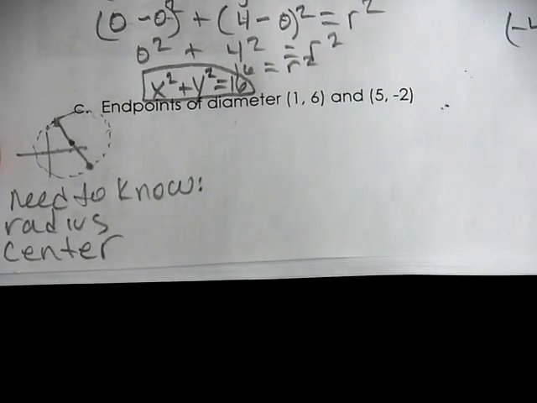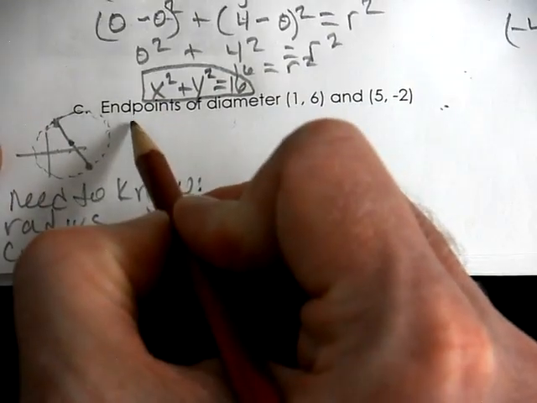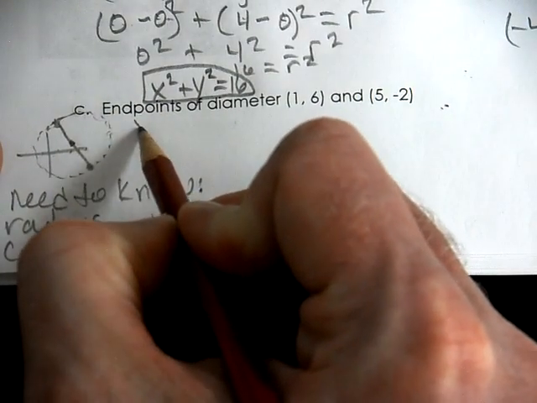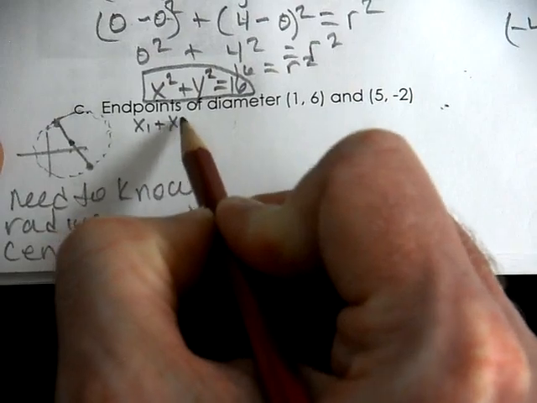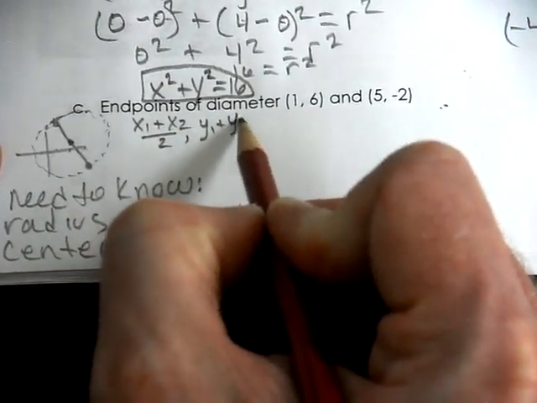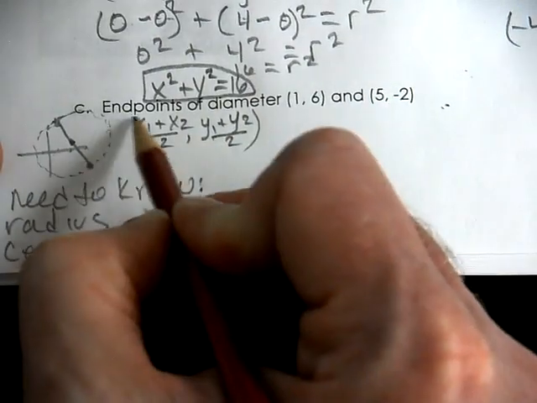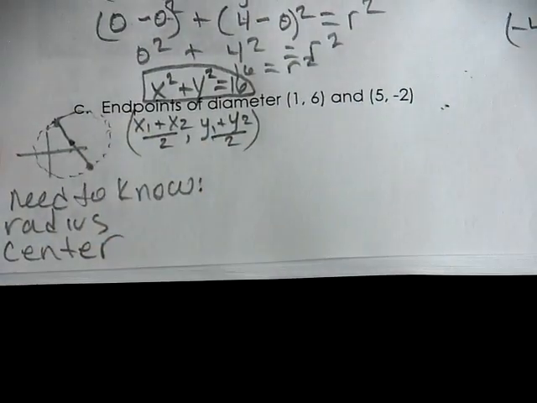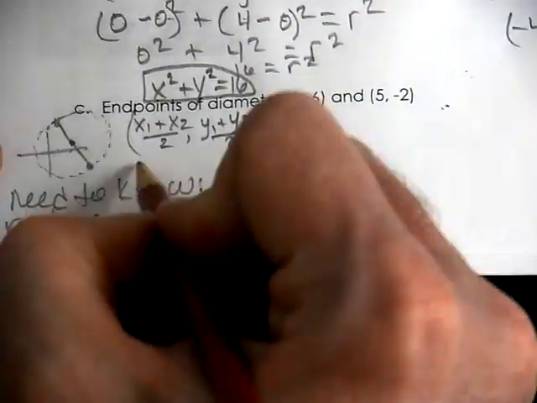Well, we can find the center by using the midpoint. So x1 plus x2 over 2 and y1 plus y2 over 2. That is your equation of the midpoint.